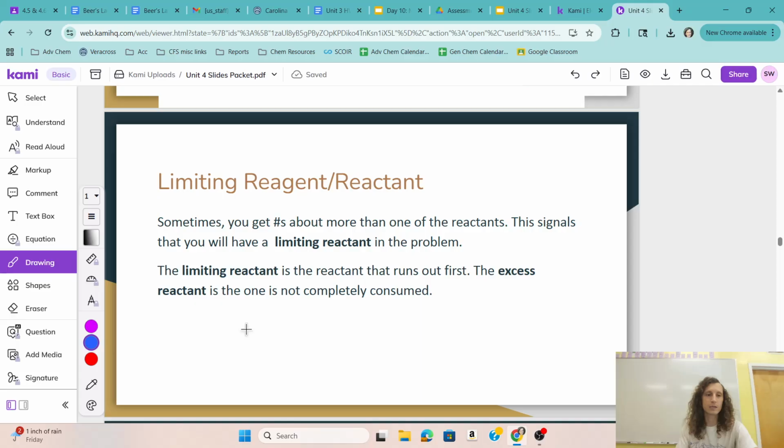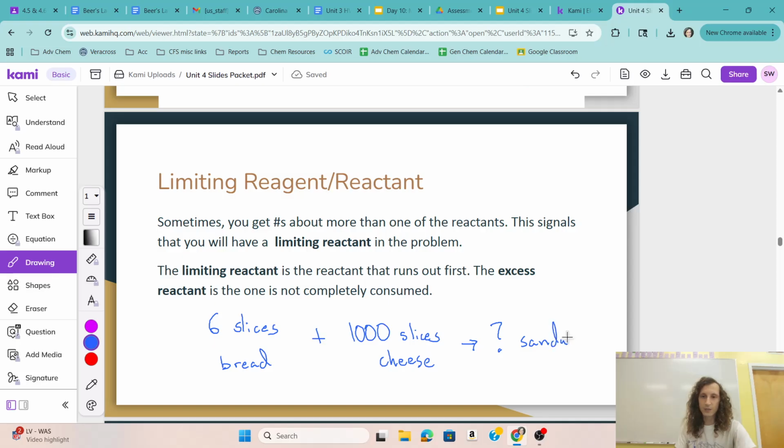You can think of this in the classic example of making grilled cheese. Let's say I have 6 slices of bread, and then I have 1,000 slices of cheese. It's pretty typical fridge stash for me. How many sandwiches can I make? Well, it's pretty clear which of these is going to run out first, right?